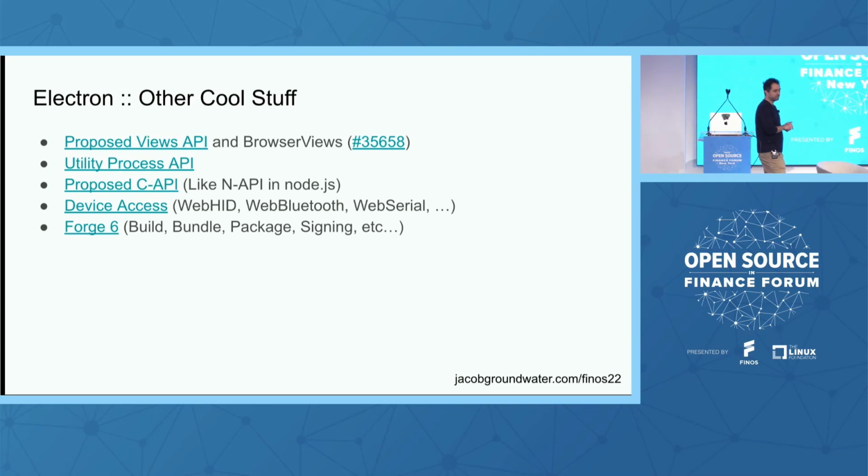Some other cool stuff that I just want to point out is there's some upcoming stuff. So the Views API, if you use this feature called a browser view, was like getting more into native window widgets. So instead of everything being in one web contents, we're actually allowing you to put two web contents next to each other.